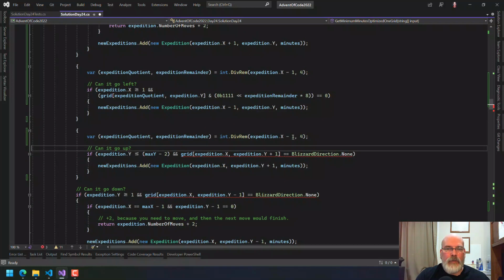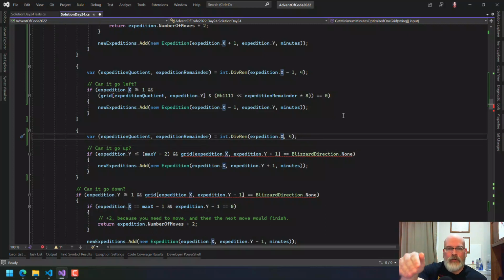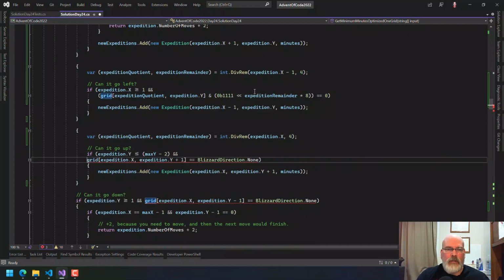So now what we're going to do is nothing here. I mean, we're going to do something, but we're not going to change the x here. Okay, that's still the same bits here. The only thing that we're doing differently now is we're saying this is a grid of expedition quotient, except we're going to go up a y.